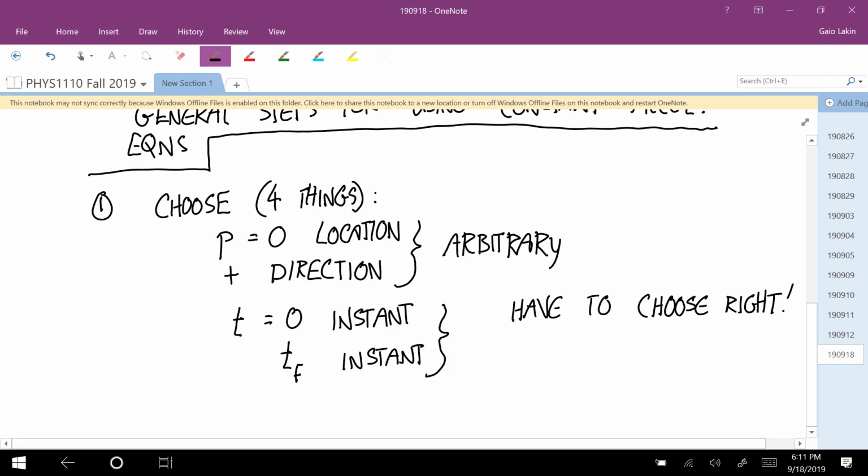So what are you using to make the decision about what those instants are? You want these to be instants where you're either given information or you're trying to find information.